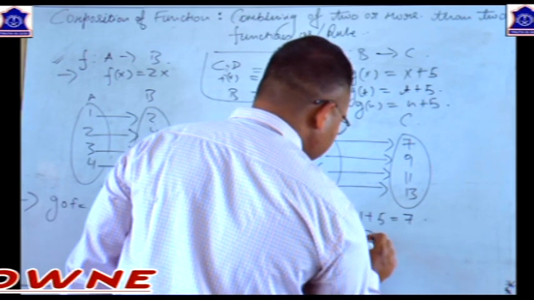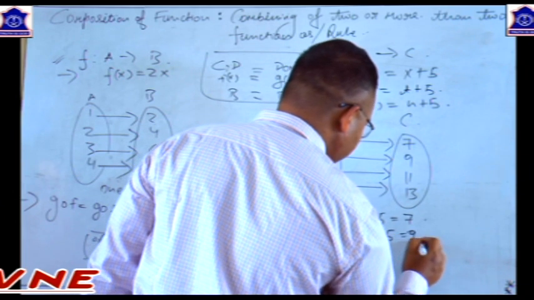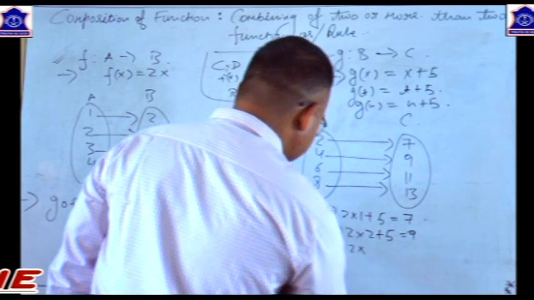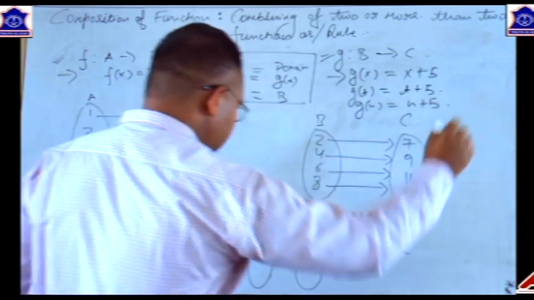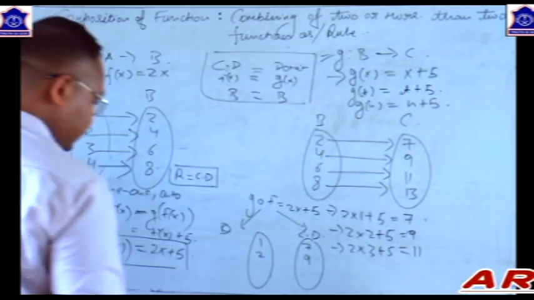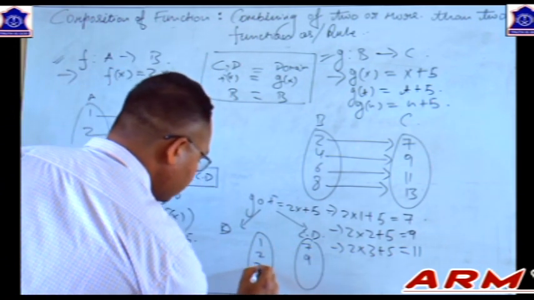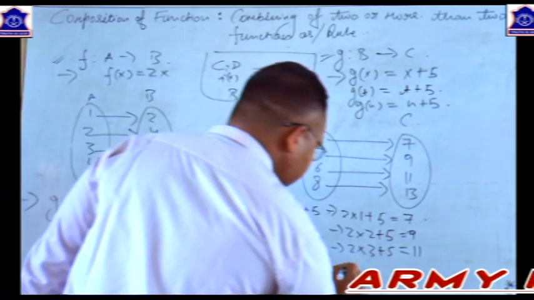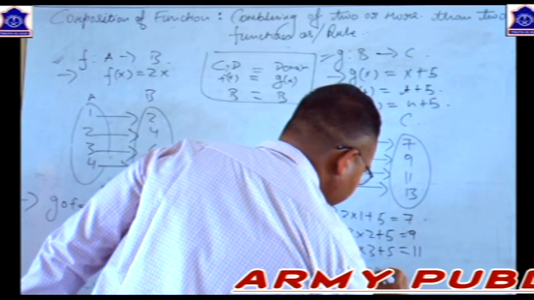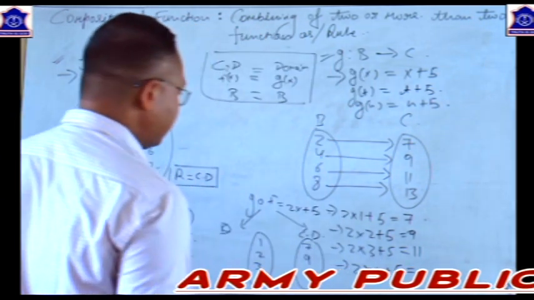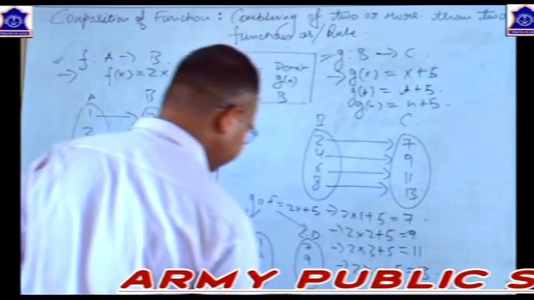Then 2 into 2 plus 5 equals 9. Then 2 into 3 plus 5 equals 11. Then 2 into 4 plus 5 equals 13.